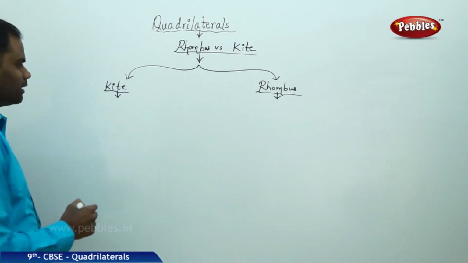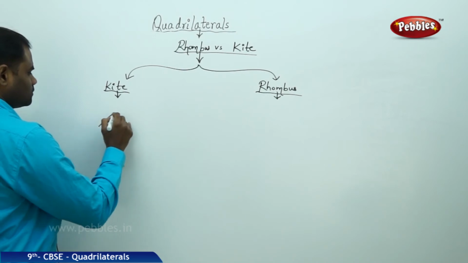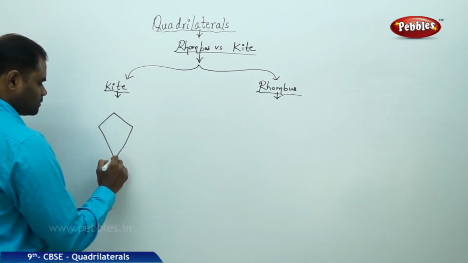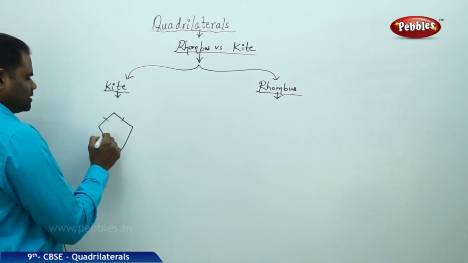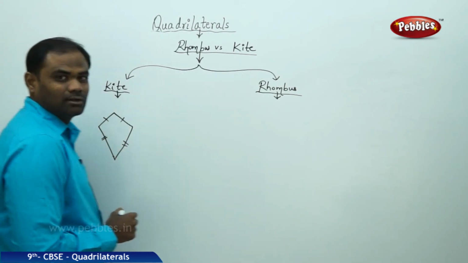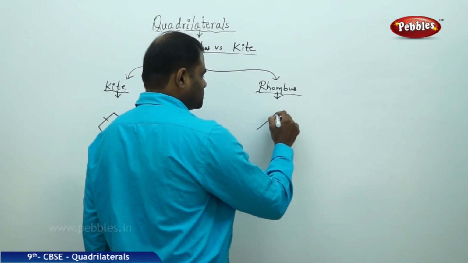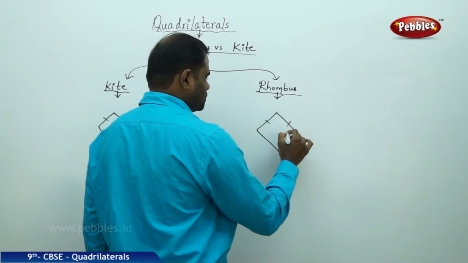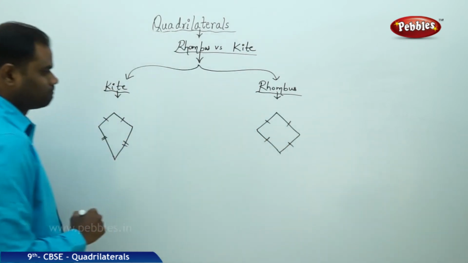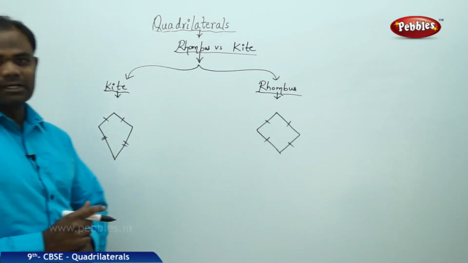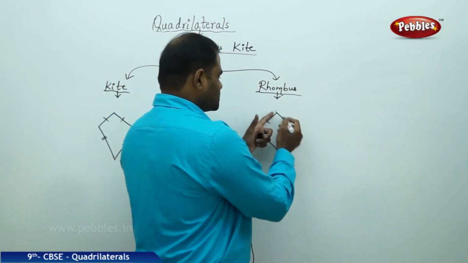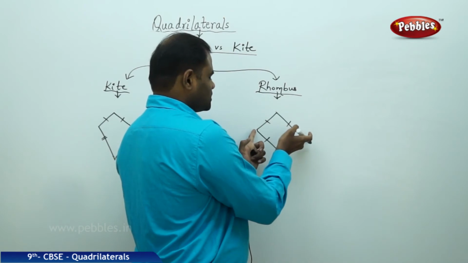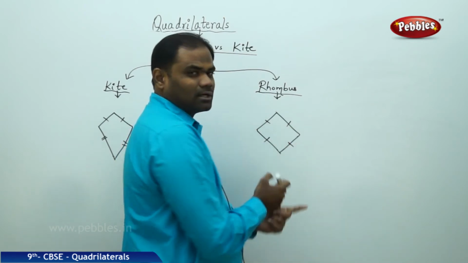Now here I have a kite whose adjacent sides are equal, and here I have a rhombus whose all sides are equal. Therefore, this clearly satisfies that my adjacent sides out here, being this and this, are equal, and my adjacent sides out here, this and this, are equal.